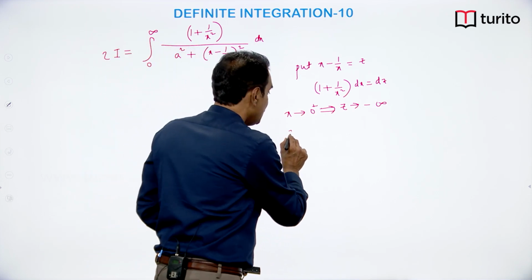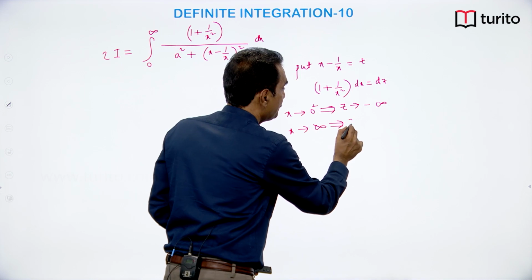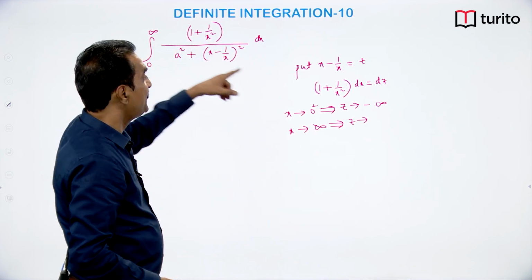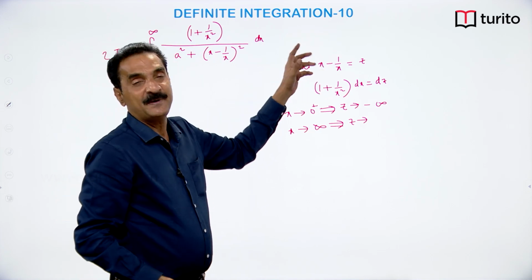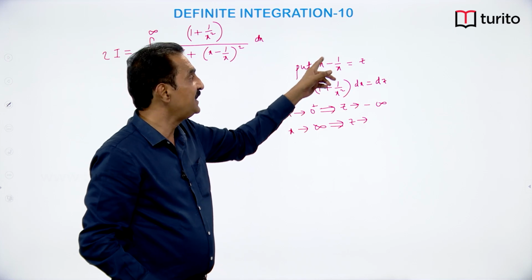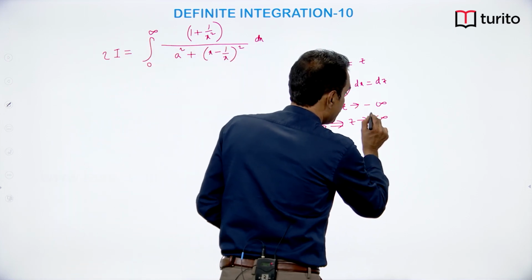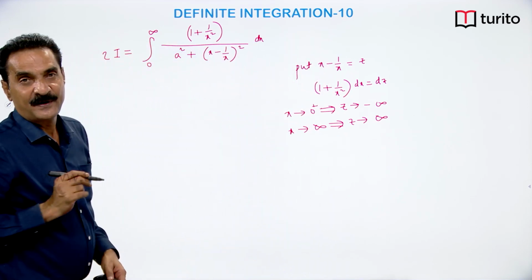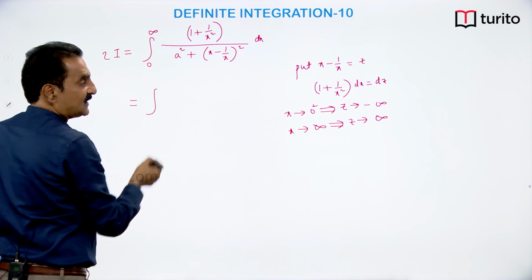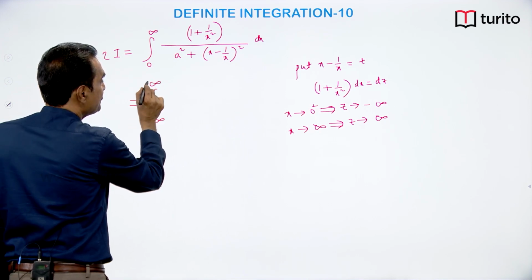Next, if x tends to infinity, then z tends to what? If x tends to infinity, infinity minus 1 by infinity is what? 1 by infinity tends to 0. So infinity minus 1 by infinity is infinity. Now after finding the new limits, take this, what are the limits? Minus infinity to plus infinity, new limits.